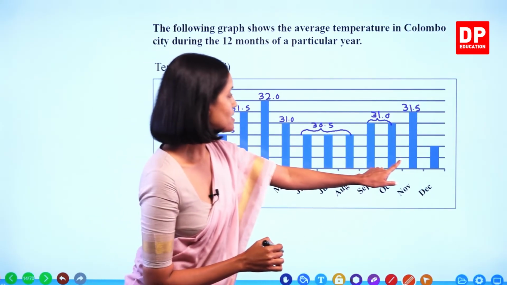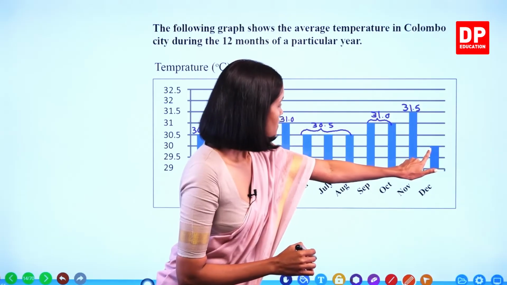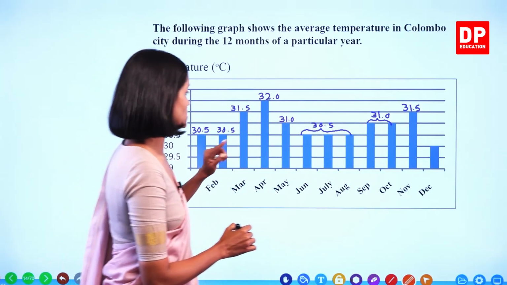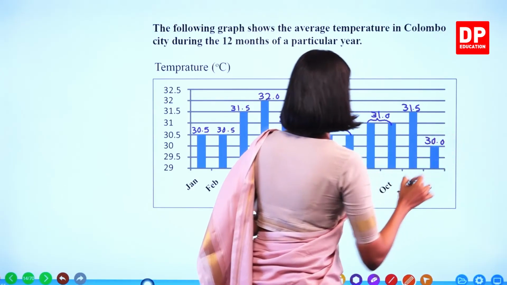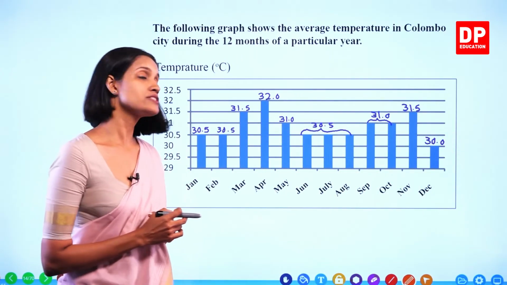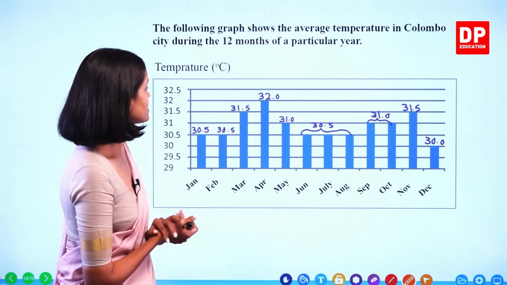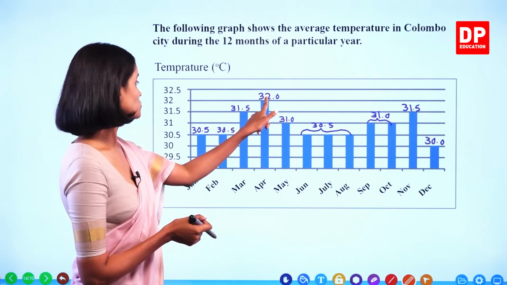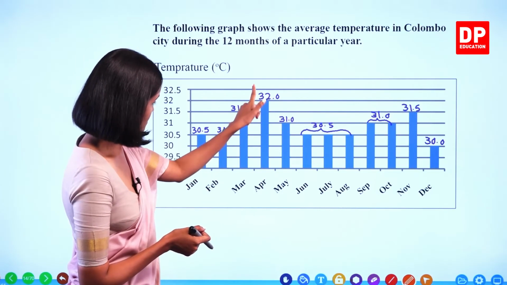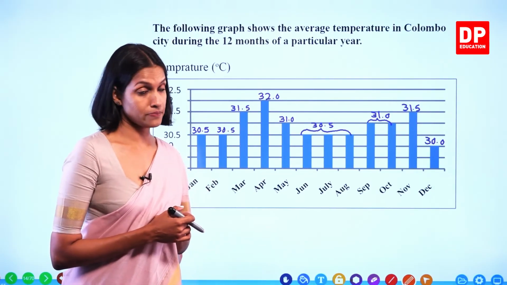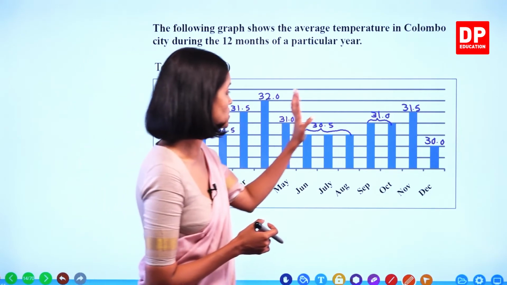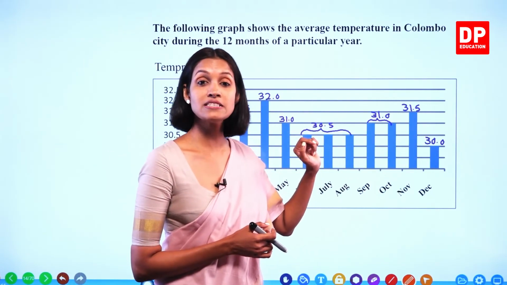Right? December, the minimum temperature 30. The lowest temperature 30 degrees Celsius. Right, children? So what is the highest temperature? 32 degrees Celsius. That appeared in April. And the lowest temperature in December, 30 degrees Celsius.